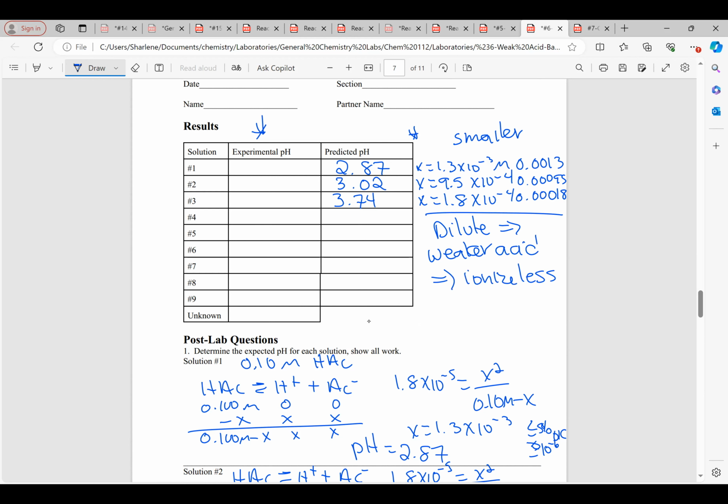I wanted math to tell you exactly what we knew. Every time you dilute, that is a weaker acid, which means it will give up even fewer protons. And that is our number crunching values for it.